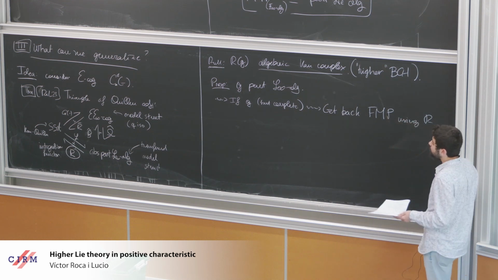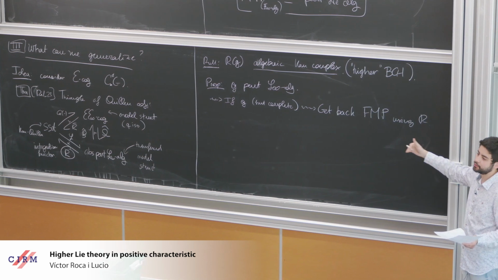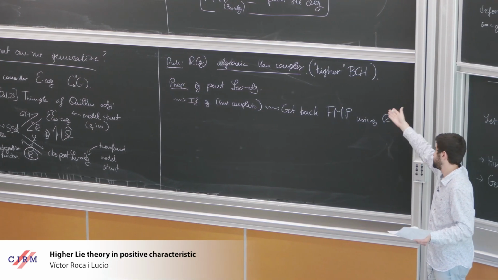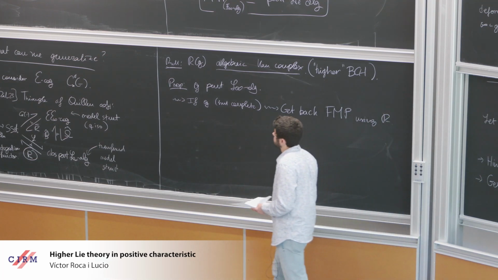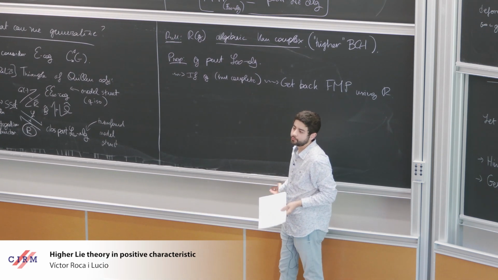For the moment, this integration procedure does not allow one to recover all FMPs because it's defined in this absolute setting, but under some hypothesis, you can do this. You can think of this as some kind of homotopy pronilpotency condition.